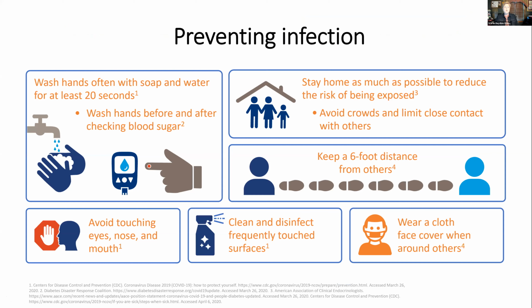So the number one thing that we all need to do, and you've heard this 100 times, is to prevent the infection. It's really important that instead of just using hand sanitizer, they try to wash their hands with soap and water. If you attend our certificate training program, you find out washing your hands with soap and water rubs the hands and gets the blood flowing, so it's probably easier to get a finger stick.